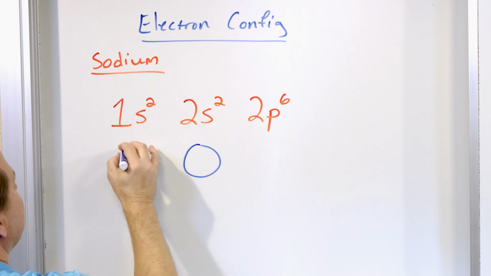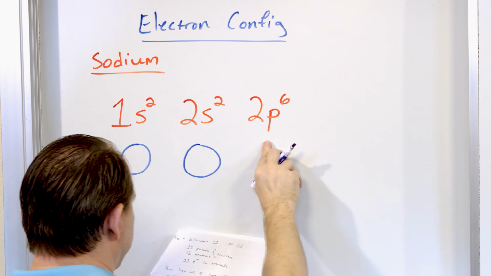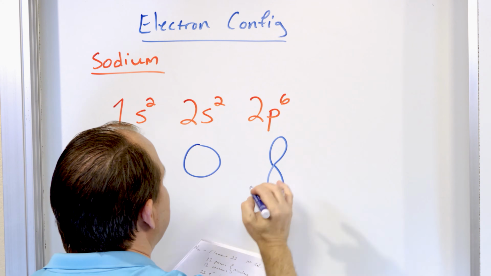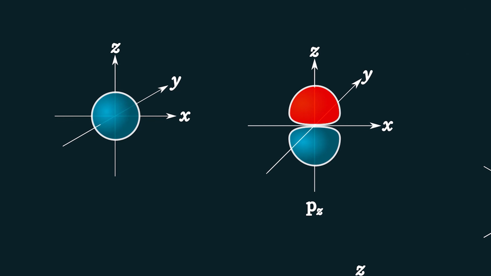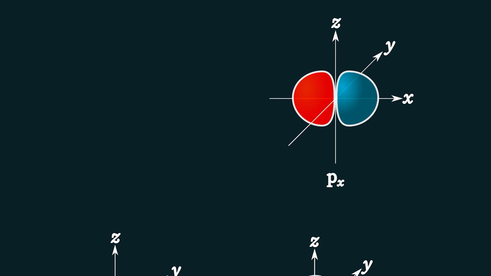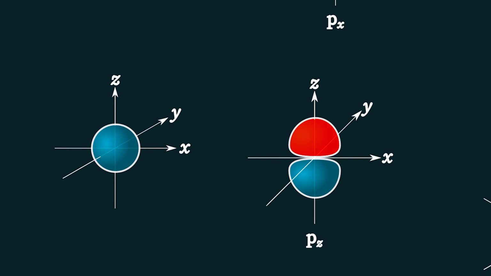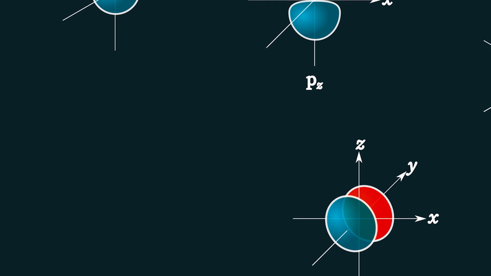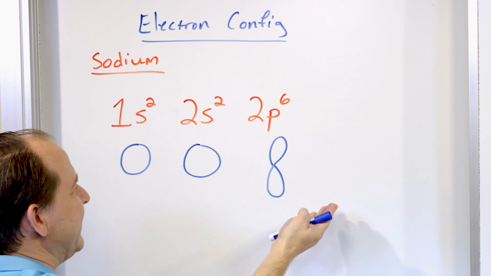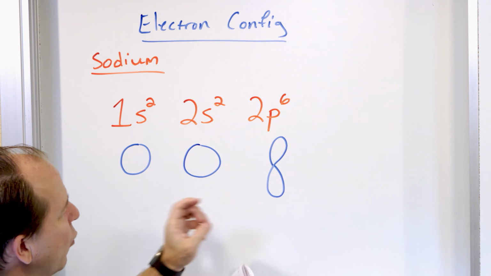I'll draw a little circle here to remind you that these are spherical, but the p orbitals exist as these dumbbell shapes, right? Now I'm only drawing top and bottom, and each of these can hold 2, so there's 2, but there's another p orbital sideways for 2 more, and there's another p orbital coming out of the board for 2 more. So each of the p states, up, down, left, right, and into and out of, can hold 2, 2, 4, 6. It can hold a total of 6, but I'm only drawing one of them here.